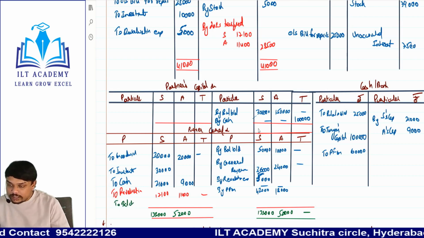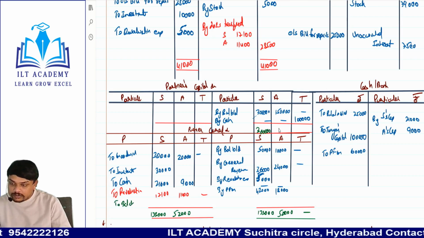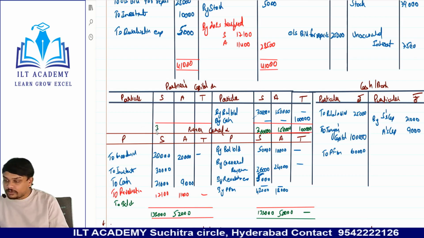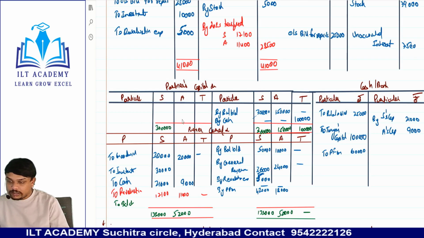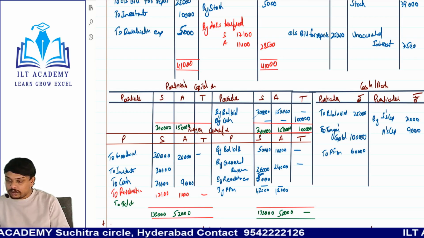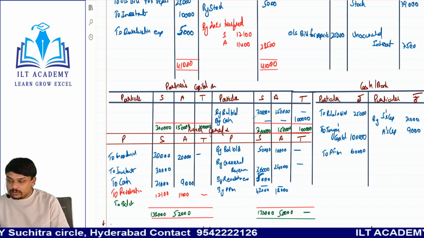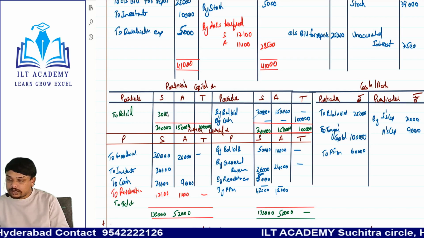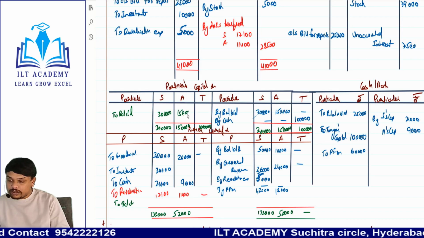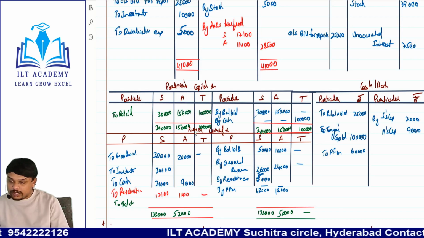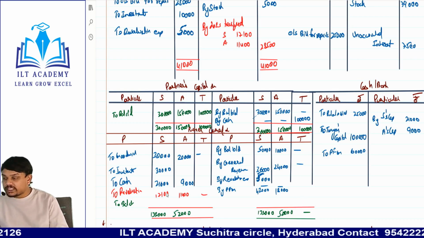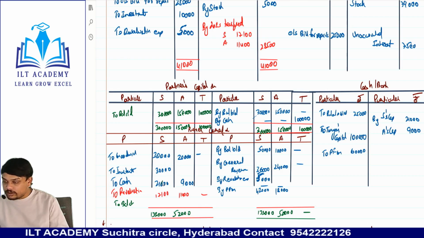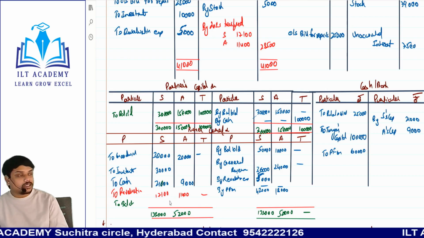To balance carried down, here we have 3 lakh, 1 lakh, 1 lakh 50,000. Minus this 1,33,000, minus 30,000, minus 30,000, minus 21,000, minus 17,100.